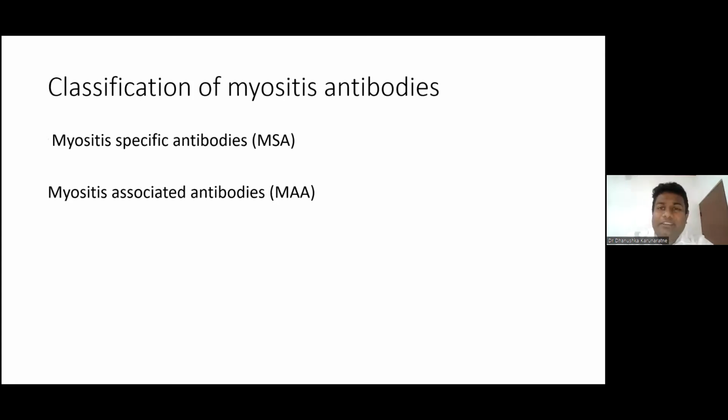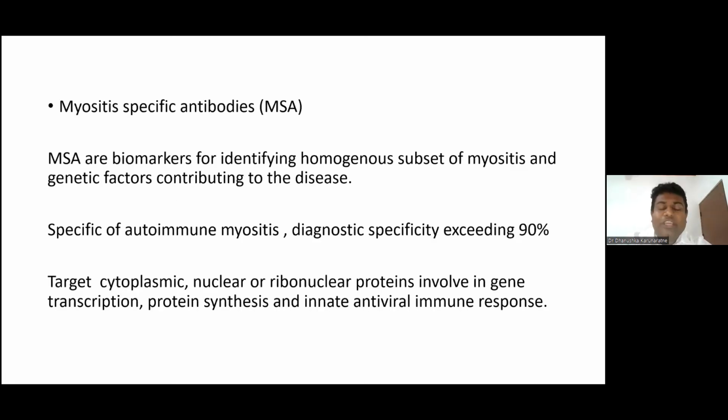And myositis antibodies can broadly be classified into myositis-specific antibodies and myositis-associated antibodies. Talking about the MSA, or the myositis-specific antibodies, they are markers for identifying homogeneous subsets of myositis and genetic factors contributing to the disease.